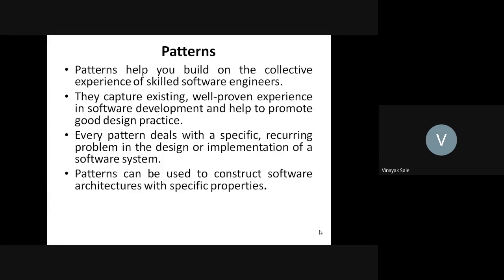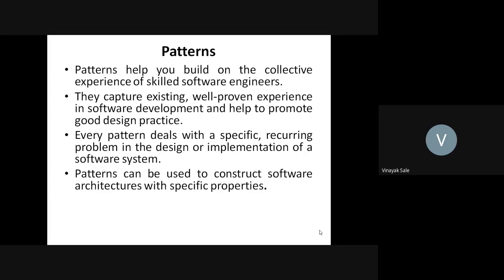So patterns help you build on the collective experience of skilled software engineers. They capture existing well-proven experience in software development and help to promote good design practice.